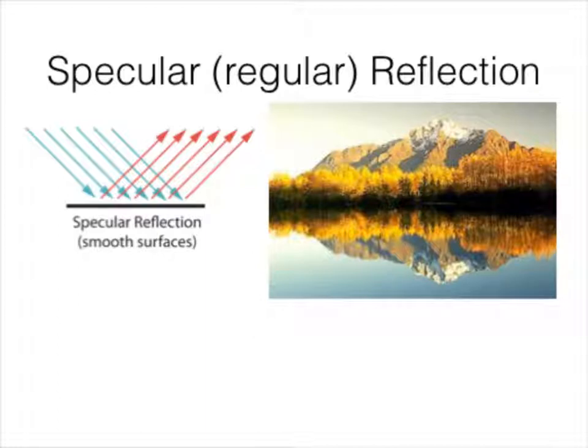When we have a nice smooth surface, like a pond or a lake on a windless day or a mirror, we have a nice smooth surface. And so these blue rays here, these are our incident rays. And incident light rays are always parallel.